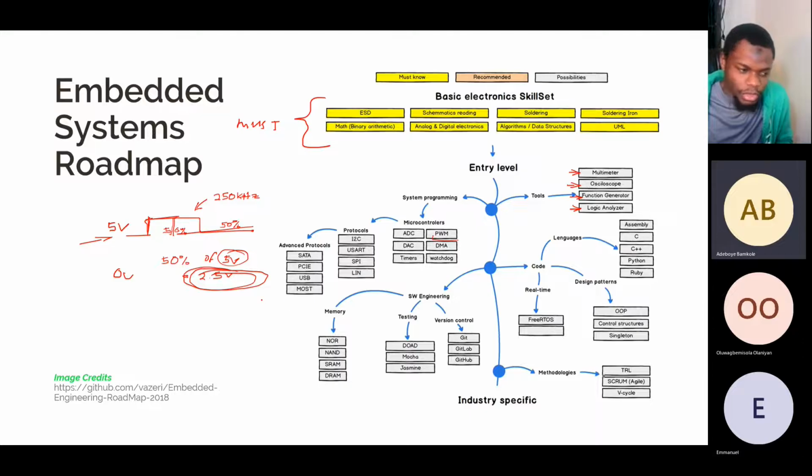Microcontrollers also have timers. Microcontrollers usually have timers, and some have multiple timers built inside them. For example, let's say you have an application where you want the microcontroller to do something after some time interval, maybe after counting 5 minutes.